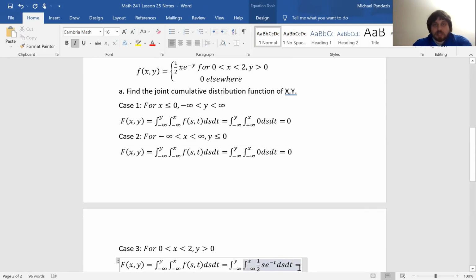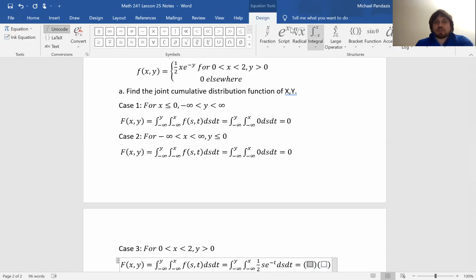Now we can separate the two variables. The first is the definite integral from 0 to y, because for y positive is where little f is non-zero, so we only consider the positive y's. Instead of negative infinity to y, we go from 0 to y.